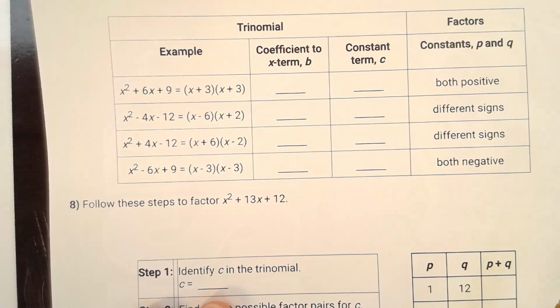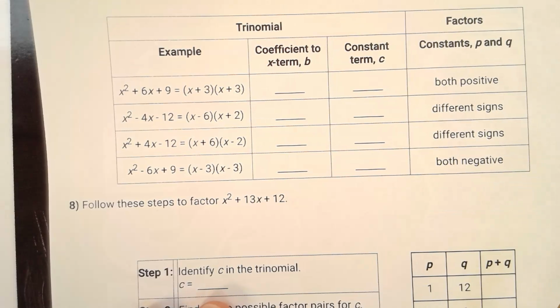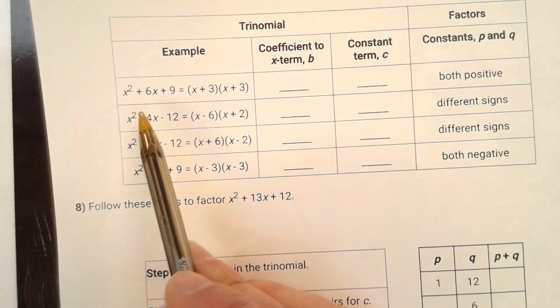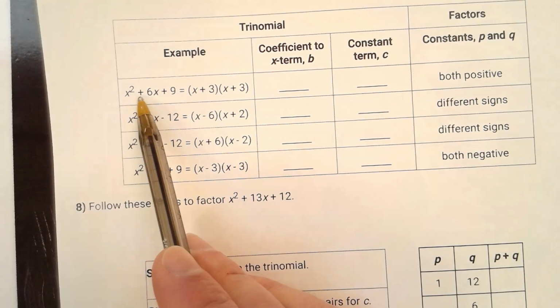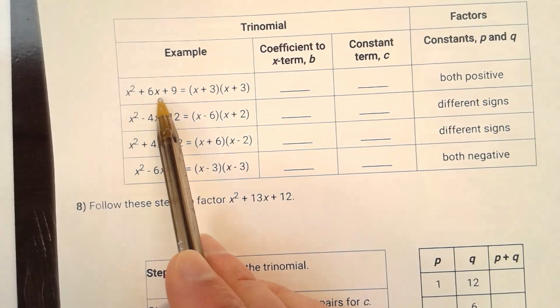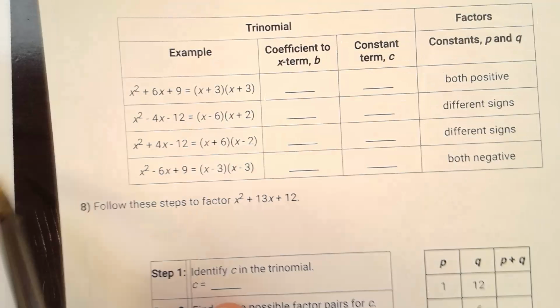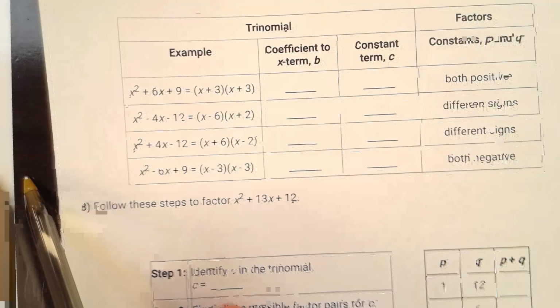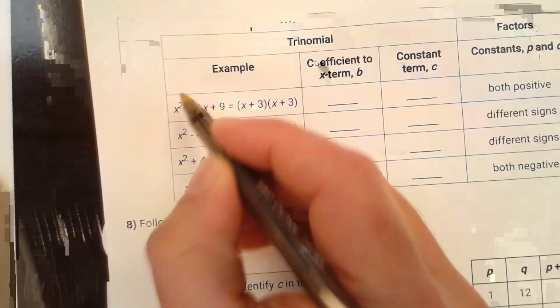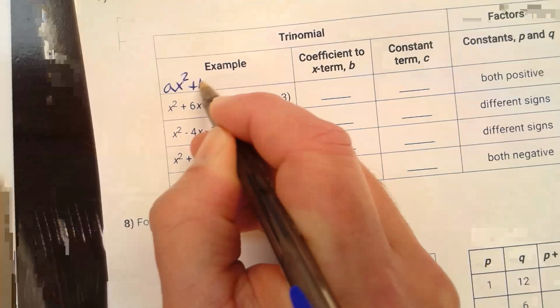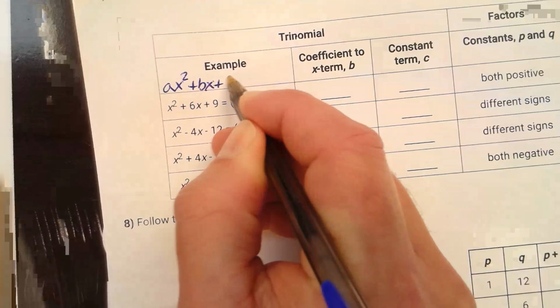All right, so now what we're going to be looking at are pluses or minuses. Okay, so write plus or minus in each of the blanks to show the signs of B and C. Remember, we're talking about ax squared plus bx plus c. So what's the sign of the coefficient b?